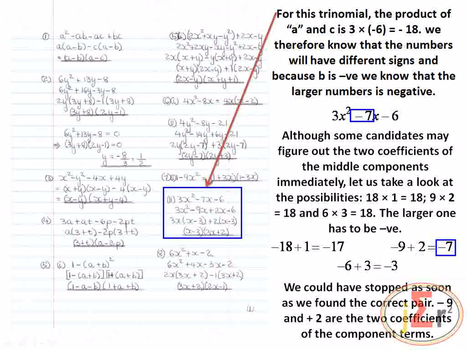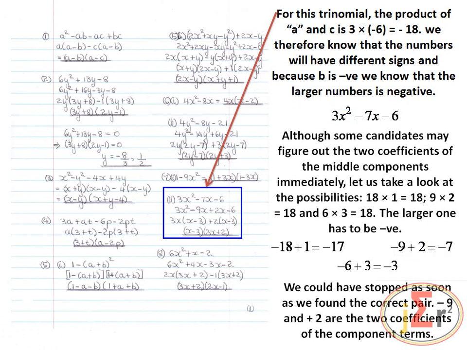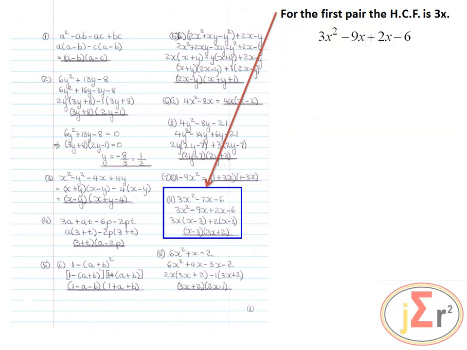But for these tutorials, I'm just demonstrating all of the possibilities. So we could have stopped as soon as we found the correct pair, negative 9 and positive 2, and they are the 2 coefficients of the component middle terms.